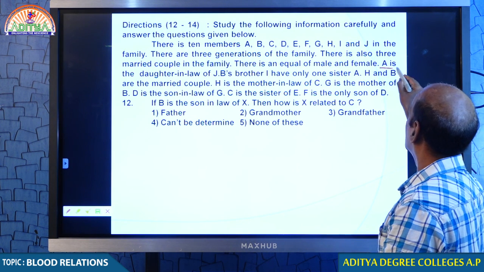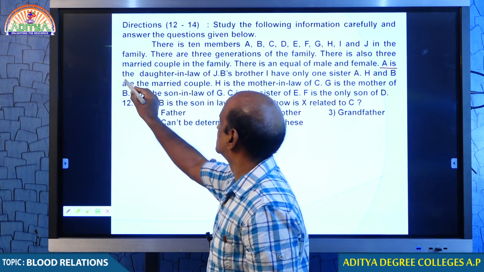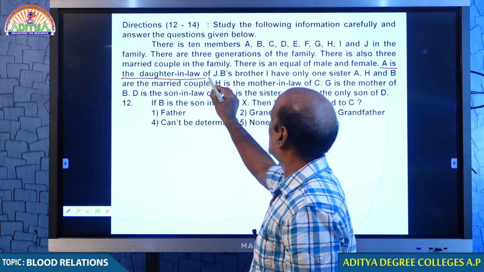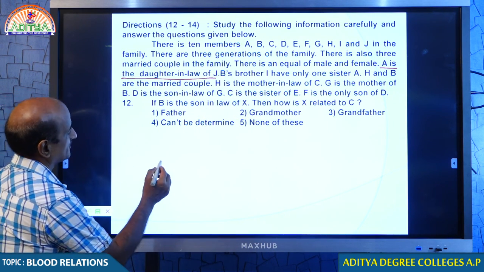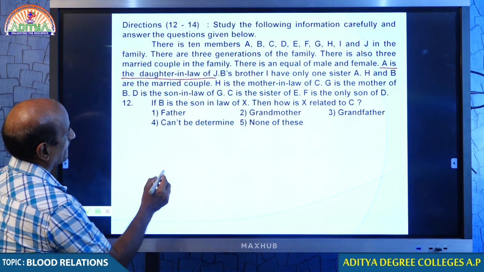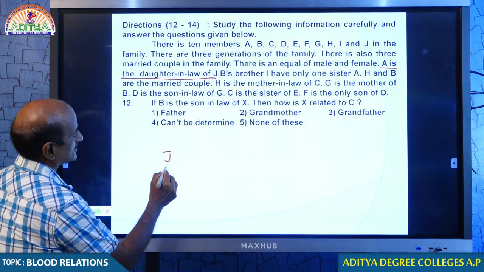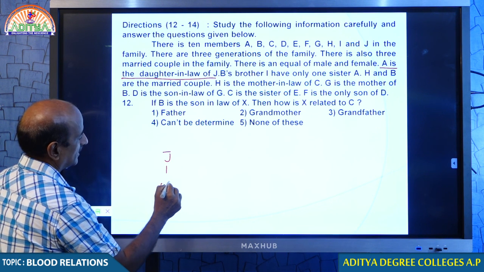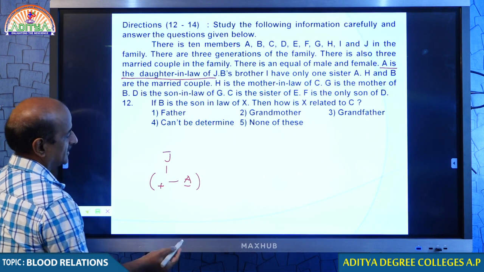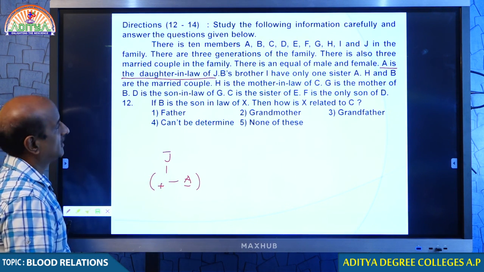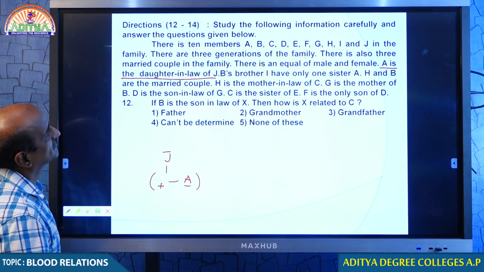Read one by one. A is the daughter-in-law of J. Who is the daughter-in-law? A. Which means J must be having a son and the son got married to A. Come on.